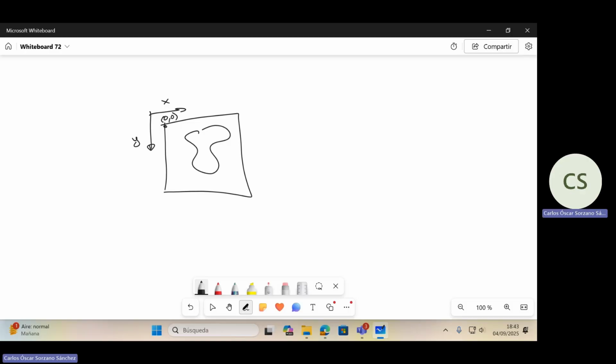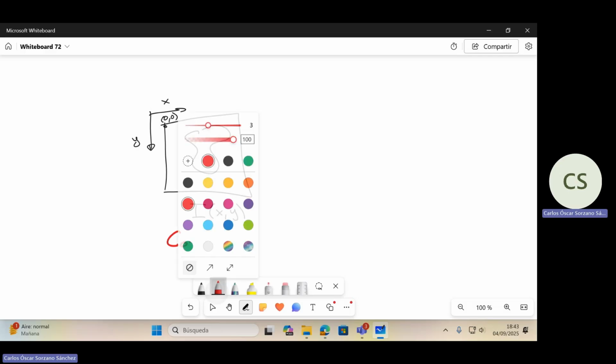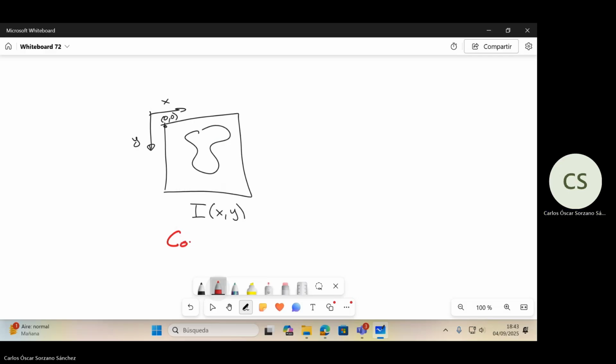So this is a continuous image. It is something that is defined for every location, and for every location you will have a value. And you could also have a digital image.